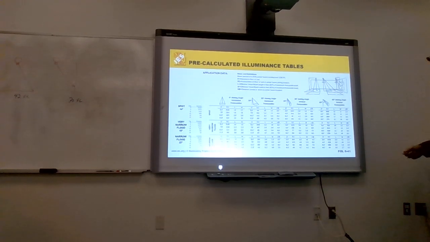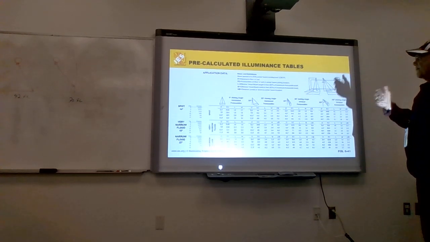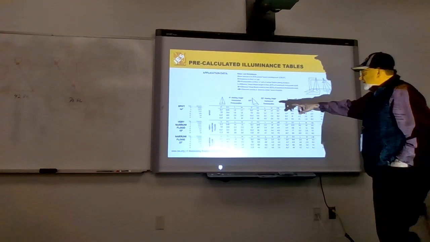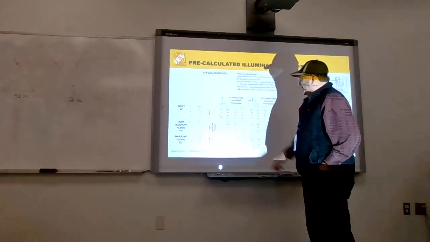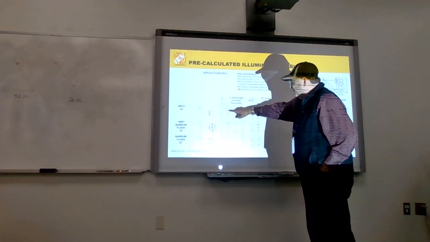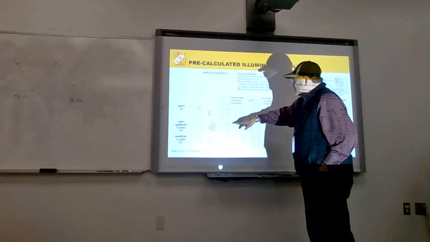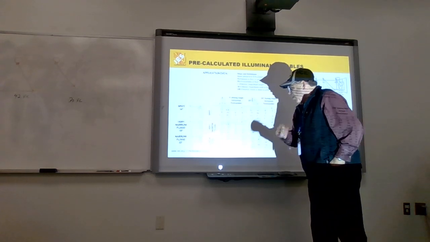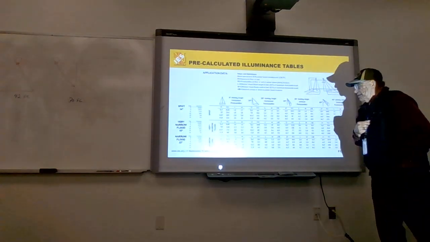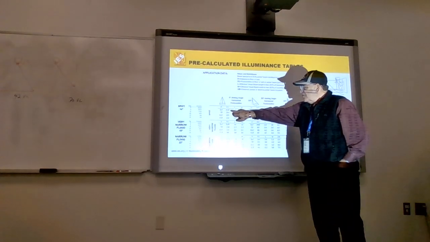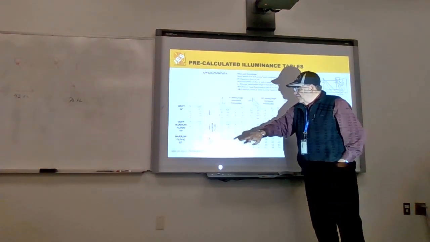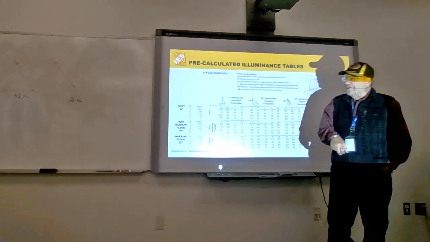It basically says, if 0 degrees aiming angle or directly down, here's the foot candle levels at 5 feet, 7.6 feet, 10 feet, and 12.5 feet. So as you can see, we go from 638 foot candles at 5 feet to 103 foot candles.